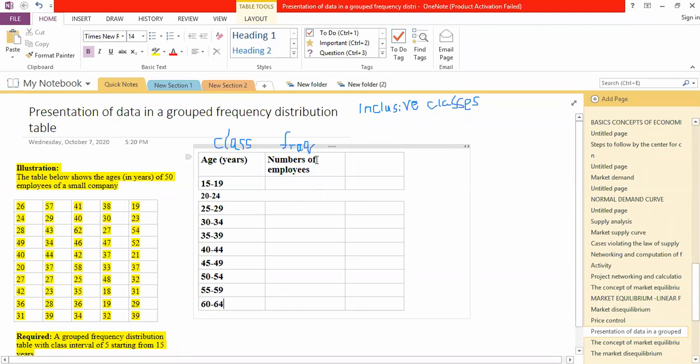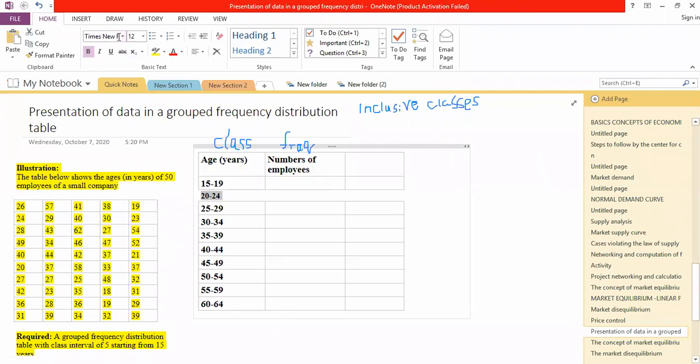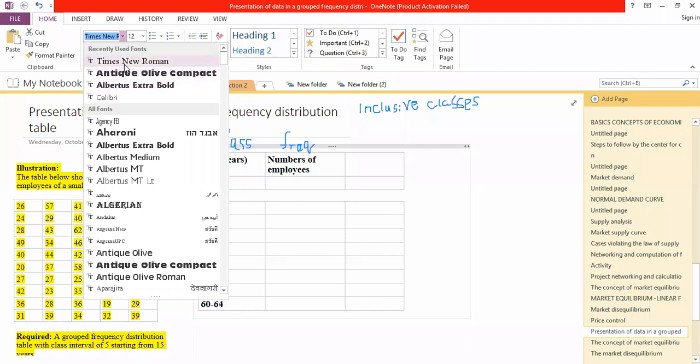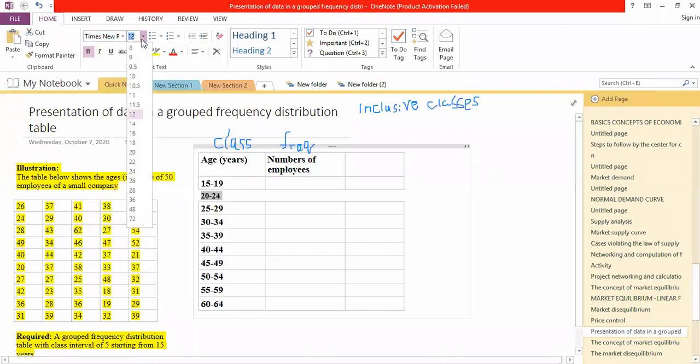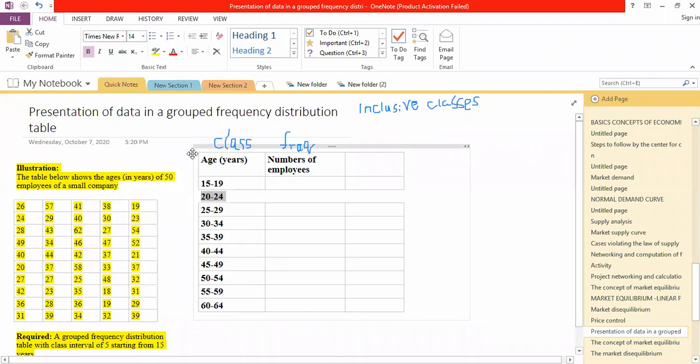Now, somebody is asking, since the interval is 5, why are our classes like this? These classes, remember, are inclusive in nature, where we have chosen to go for classes maintaining an interval of 5.